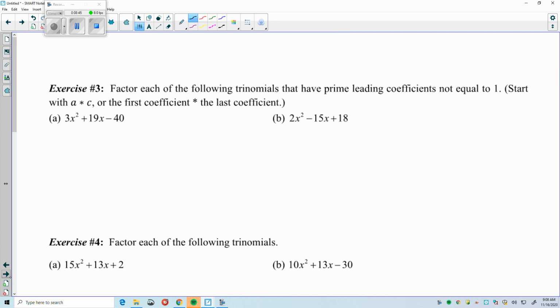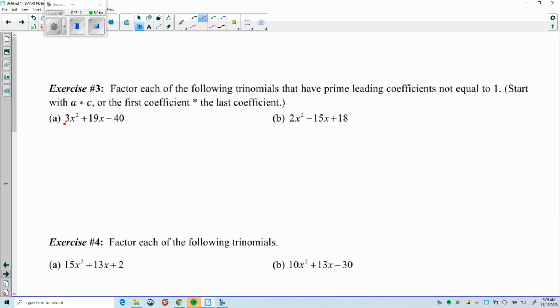So we're going to factor each of the following trinomials that have prime leading coefficients not equal to 1. Okay, so if you watch Kirk's video, he's going to take you through a guess and check method. I'm going to try you on a different method to begin with right away. Something that's, in my opinion, easier, less guessing and checking, and it's more of a process. Notice that what we're saying here, prime coefficient, not 1.